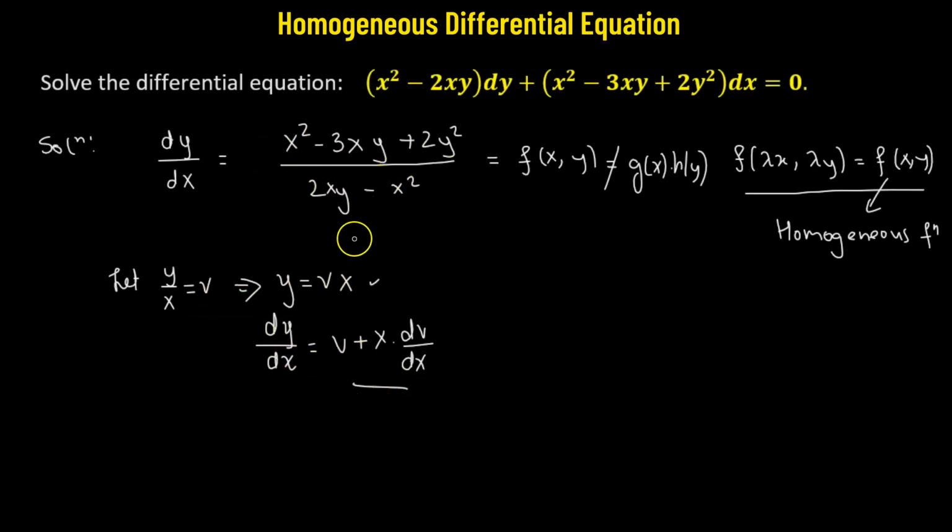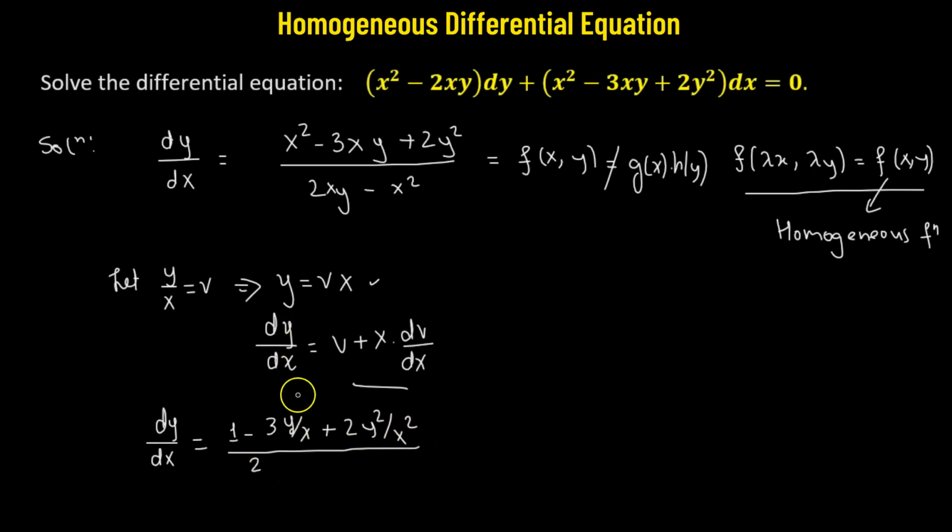We will rewrite our function as dy over dx. We'll divide both the numerator and the denominator by x squared, such that we have 1 minus 3 times y over x plus 2 times y squared over x squared, all divided by 2 times xy, so divided by x squared that gives us y over x, minus 1.